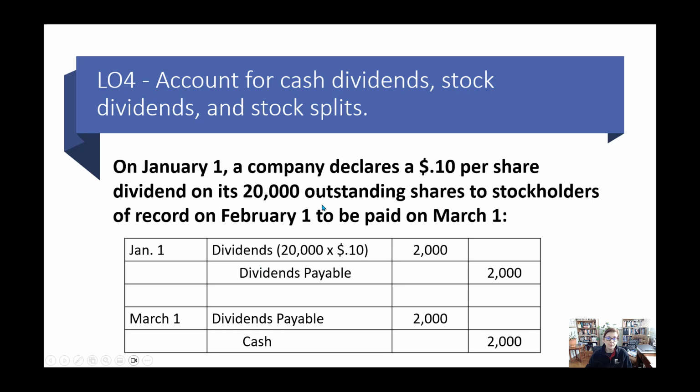That's important because, of course, the company is not going to pay itself. So if there are shares in treasury, the company doesn't pay itself. All right, then remember, anybody holding the stock on February 1st gets the dividend, but that is not anything that's recorded in the journal. In the journal, the last thing we're going to record is the payment, which is on March 1st. The company is going to debit dividends payable, credit cash, just like it does for any other liability that it pays, right? Debit the liability, credit cash.